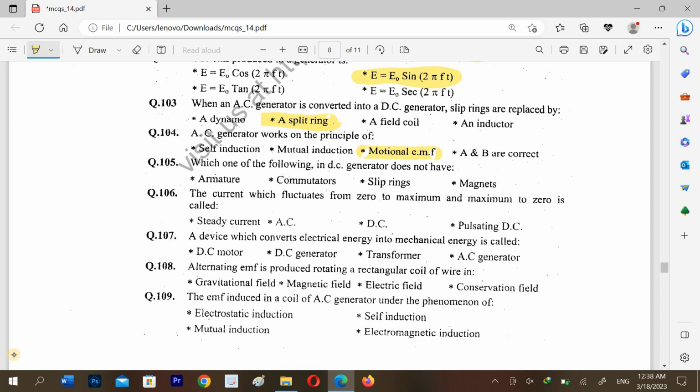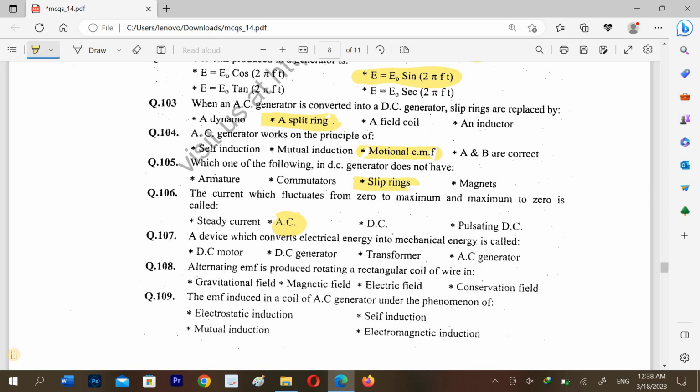Which one of the following in DC generator does not have slip rings? The current which fluctuates from 0 to maximum and maximum to 0 is called AC.